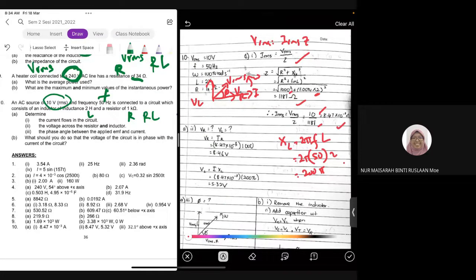Okay, correct? Question number 2, they ask you to find VR. So VRMS R equals IRMS R. You do it like that. You can use the IRMS from this one, because the current is constant. R is 1000, so you get 8.46 volt. Okay, 1000, right?